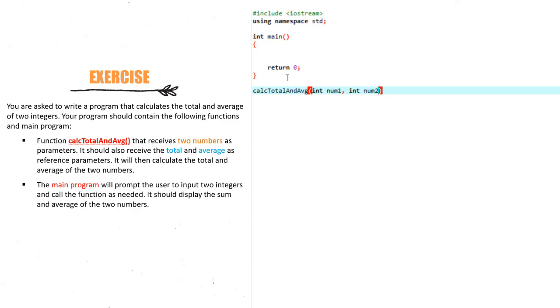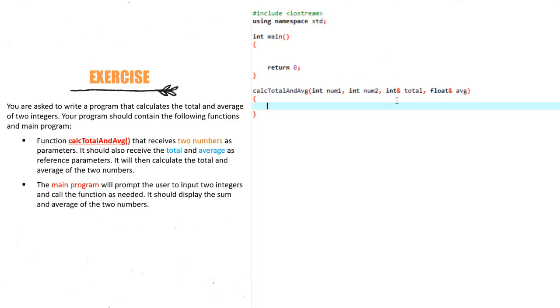Instead of just receiving the two numbers we want to add up and calculate the average for, we also want to receive reference parameters so that we can update them. So we declare int total and, usually, float average as reference parameters, so that once they are calculated, these two automatically update and give the value back to the main program.